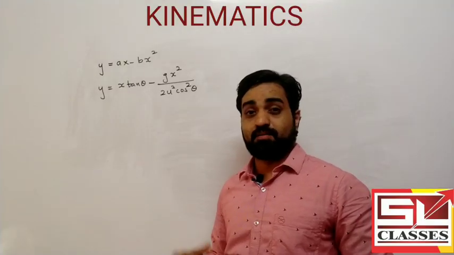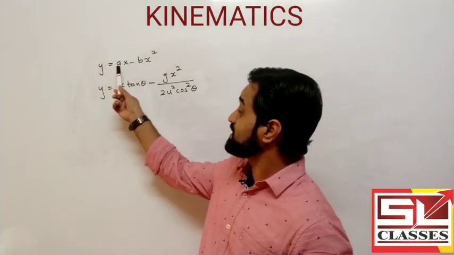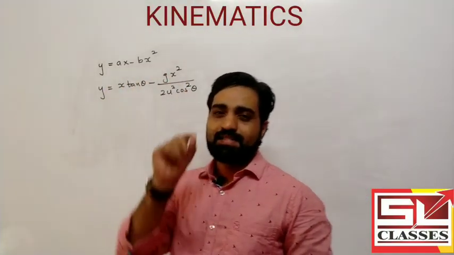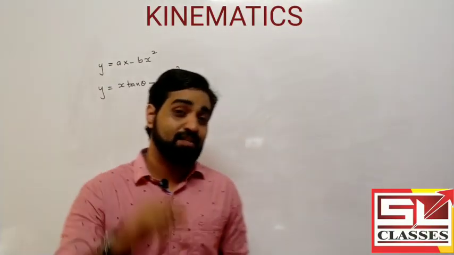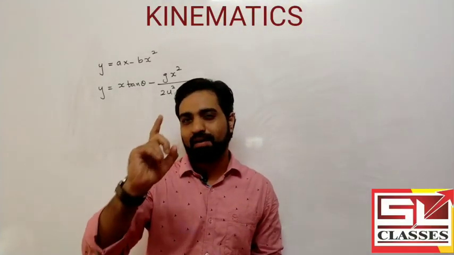Okay, that question is from our projectile motion. An equation is given, y is equal to ax minus bx square. In that chapter, we have studied the trajectory of a projectile. There is an equation to find trajectory. First of all, you have to learn that equation by heart.